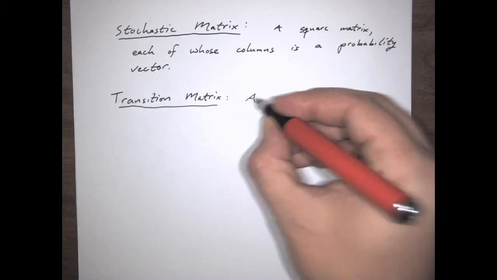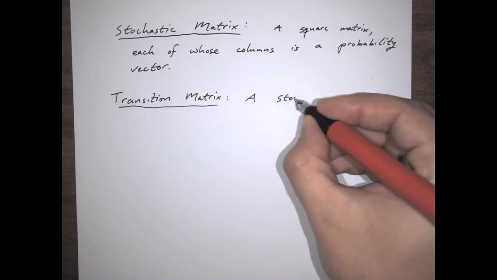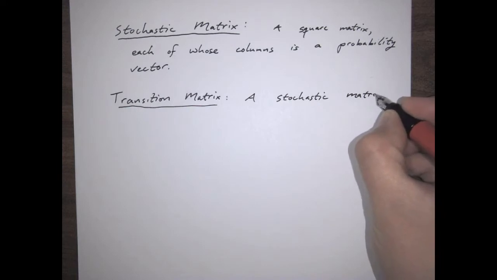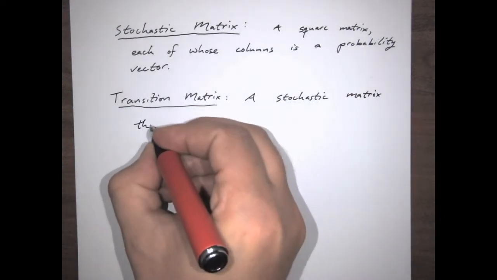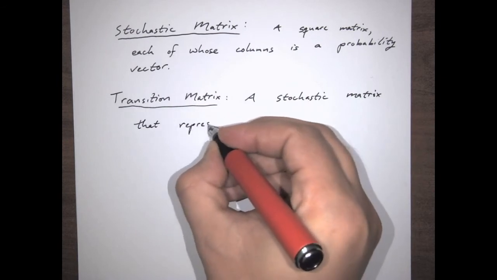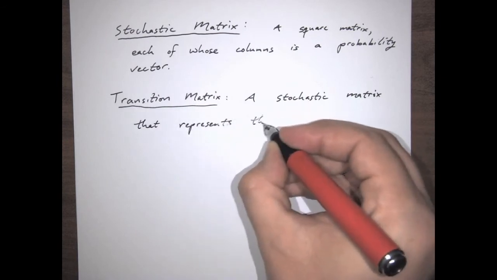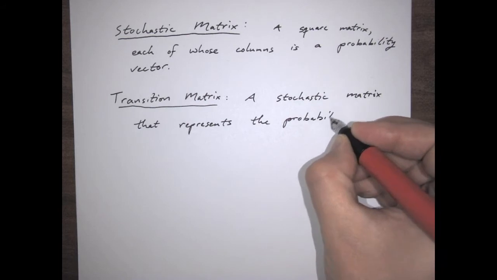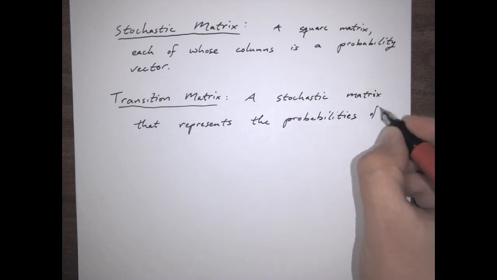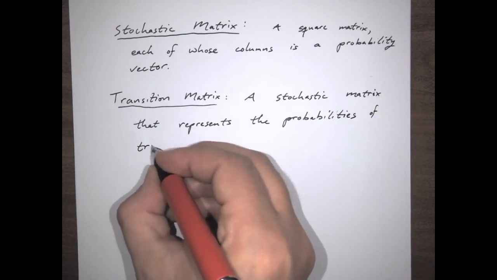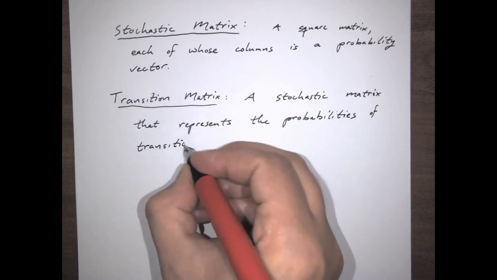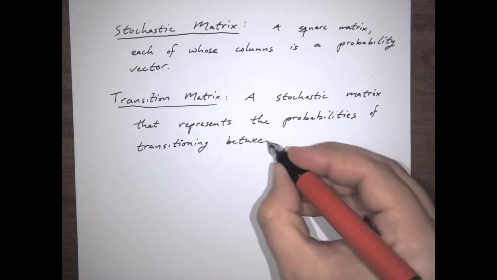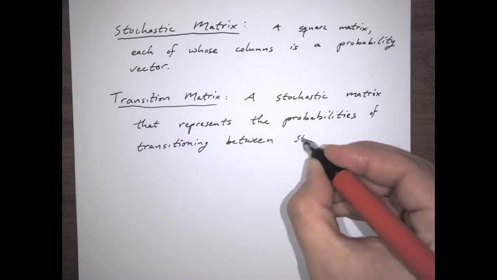So this is a stochastic matrix that represents the probabilities of transitioning between states or categories.